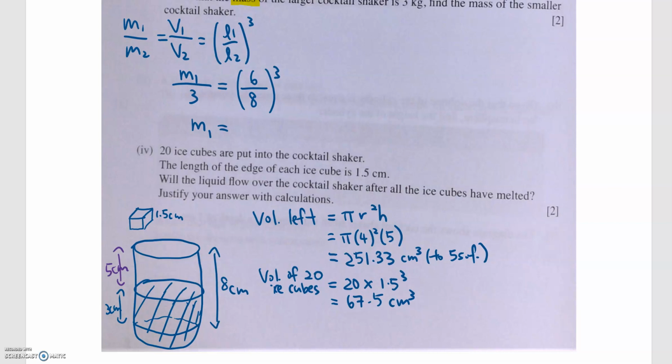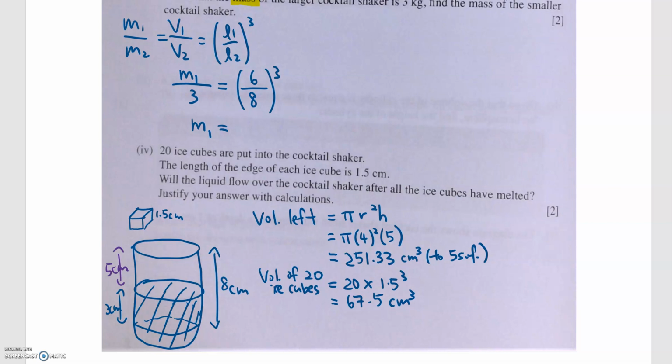Now in real life, the volume of the ice cubes will actually be more than the liquid used to form them, because when liquid freezes, it expands in volume. So the amount of liquid will actually be less than 67.5.